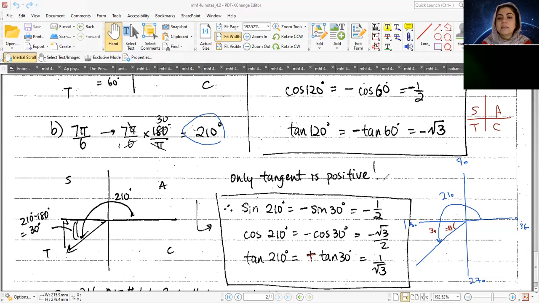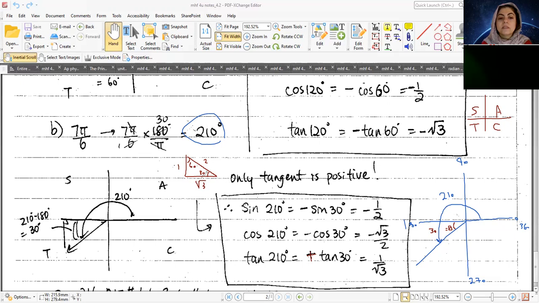How do I get that? You need to remember the special triangle. Here is 30. Here is 60. Here is square root of 3. Here is 1. Here is 2. Sine of 30 is opposite over hypotenuse, 1 over 2, as you see here.